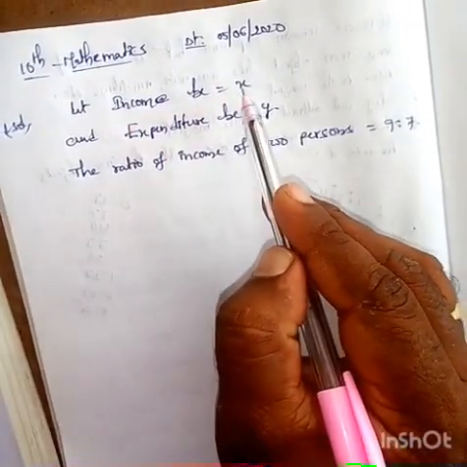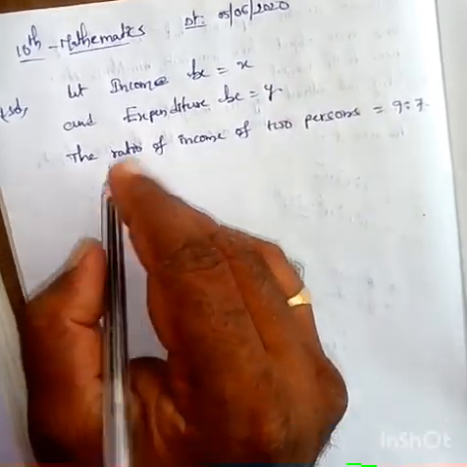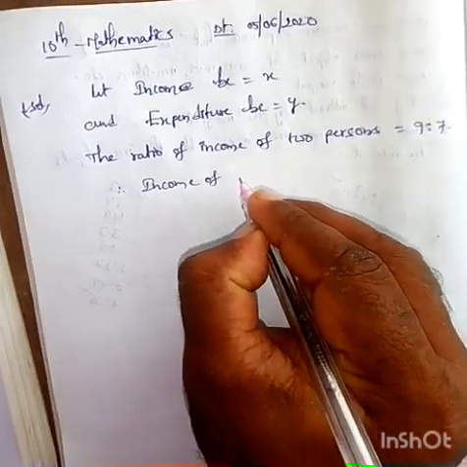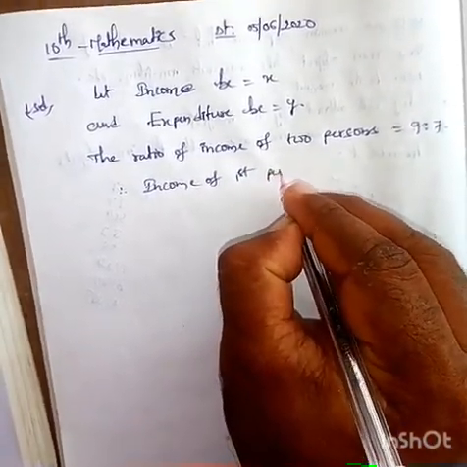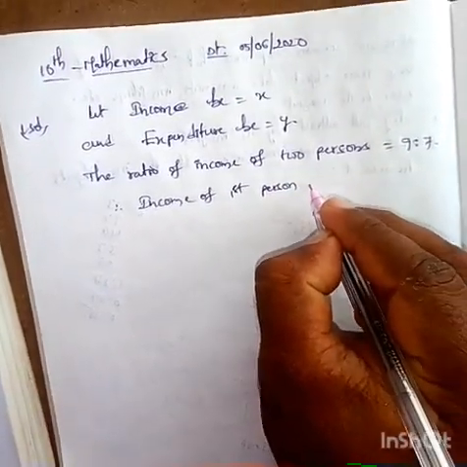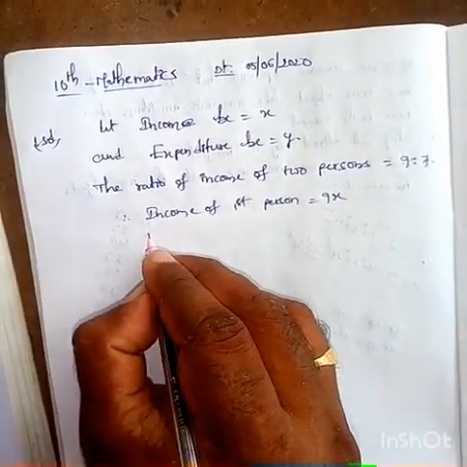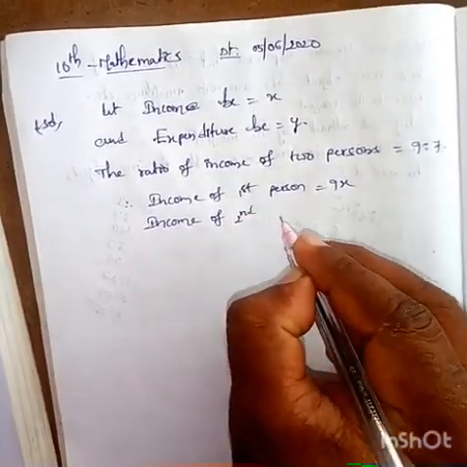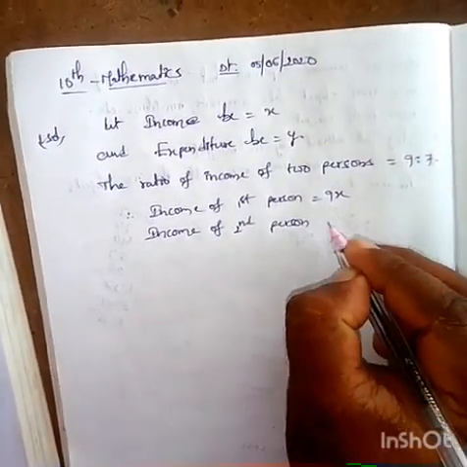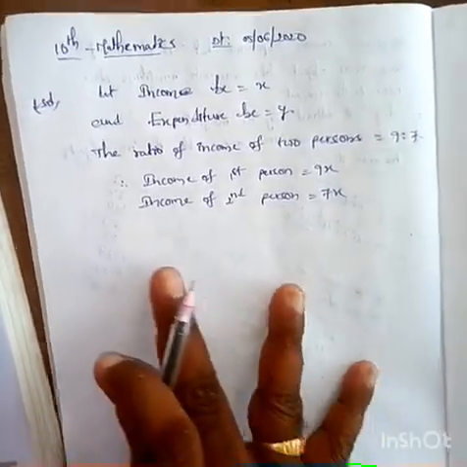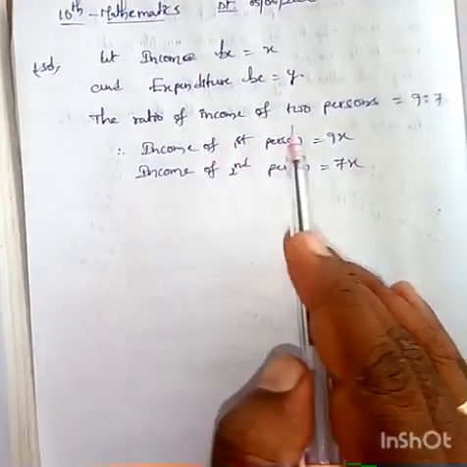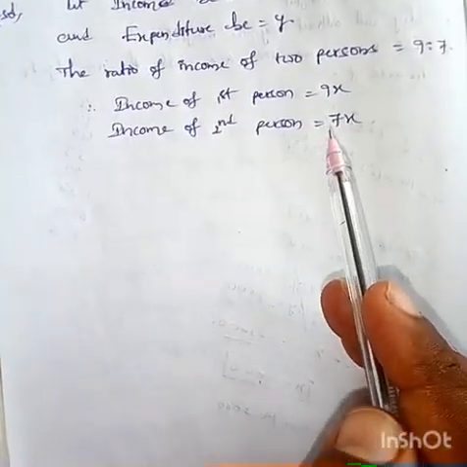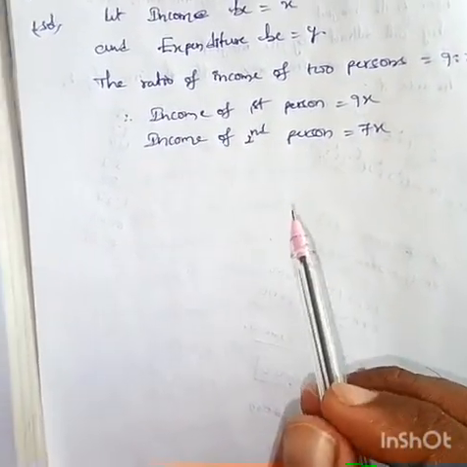Here we assume income equal to x. So income of the first person equal to 9x, and similarly income of second person is equal to 7x. Okay, these are the incomes of two persons. 9x is the income of first person and 7x is the income of second person.